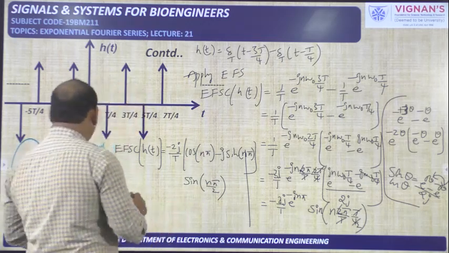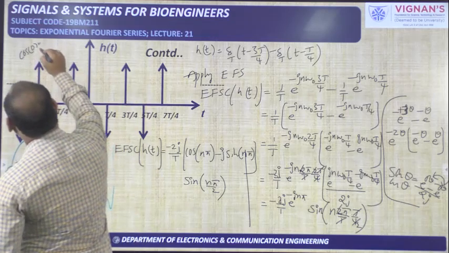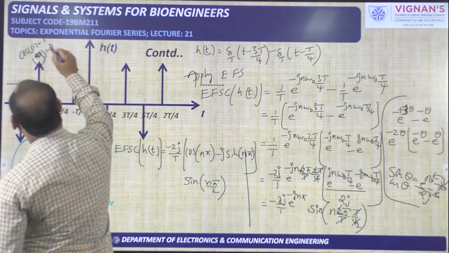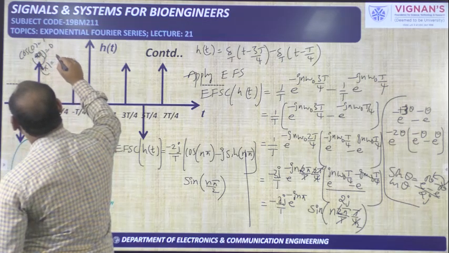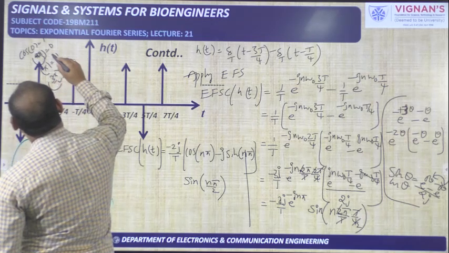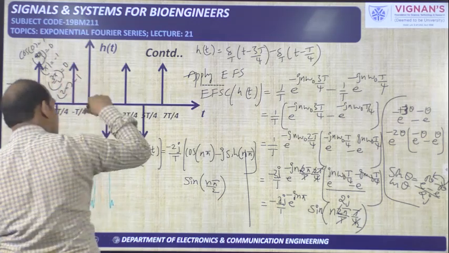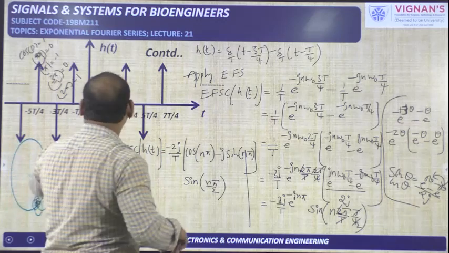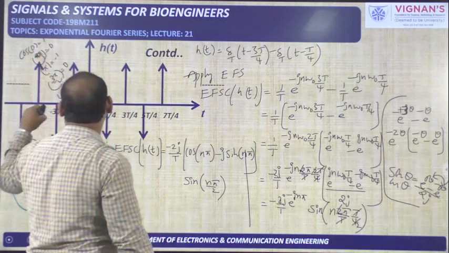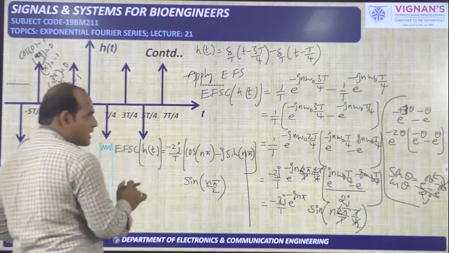Okay, so generally cos 0 is 1, cos 90 or pi by 2 is 0, cos pi is minus 1, cos 3 pi by 2 is 0, cos 2 pi is 1. Like this the cos signal will be changing. Sin 0 is 0, sin pi by 2 is 1, sin pi is 0, sin 3 pi by 2 is minus 1 and sin 2 pi is again 0. So with this analysis we need to write down like this.